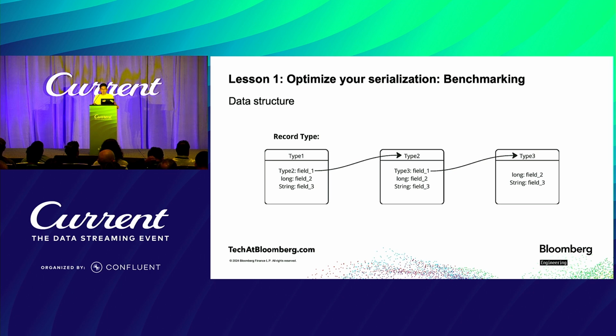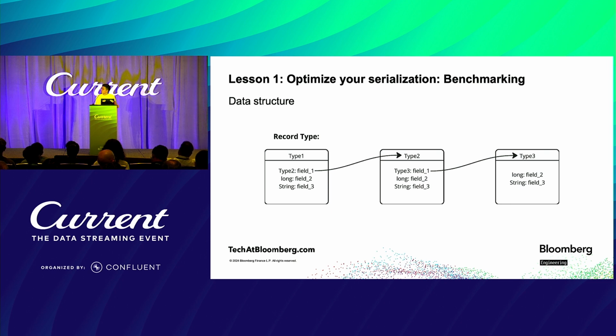On this slide, this shows the data structure or the record type that we will use in our application. On the left side, type 1 is going to be the record type that we want to use in our application. Type 1 is a nested class. It has a couple of primitive types inside it.